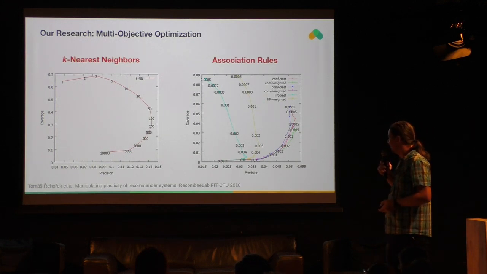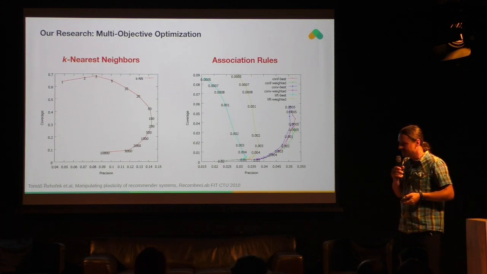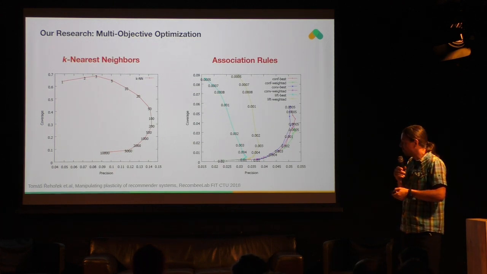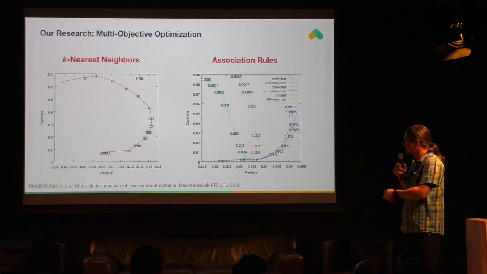Okay, so you can implement so-called biasing techniques. You can modify the plasticity of algorithms, and here, for example, you have bestsellers.